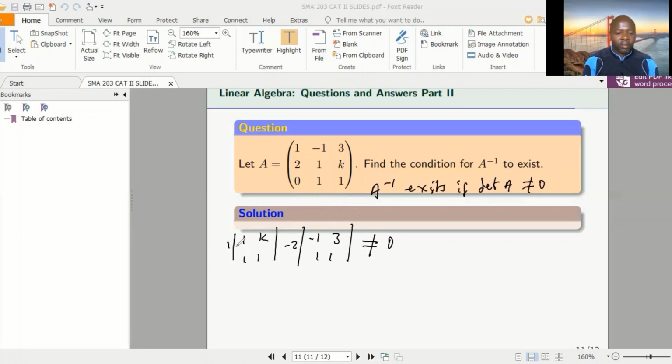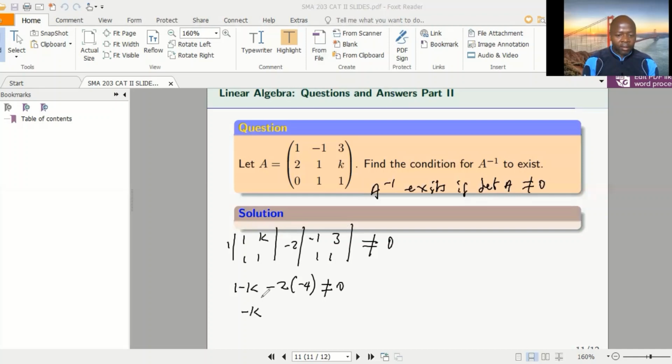So let's just find what this is. 1 minus 3. And this other is negative 2 times negative 1, negative 4. Now negative 1, negative 3, which is negative 4. This should not be equal to 0. So what this means, therefore, let's collect by terms.